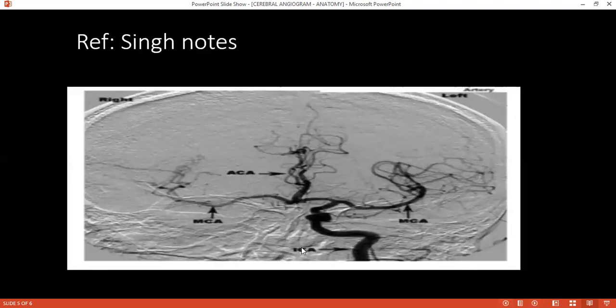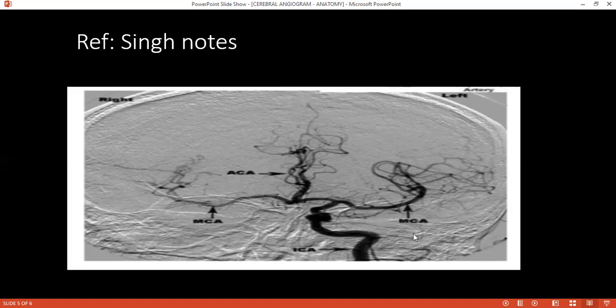I wanted to hide these and ask you, but you can already see. What kind of image is this that you're looking at? Cerebral angiogram. Yes. And these labels, MCA is what? This is the middle cerebral artery. Okay.